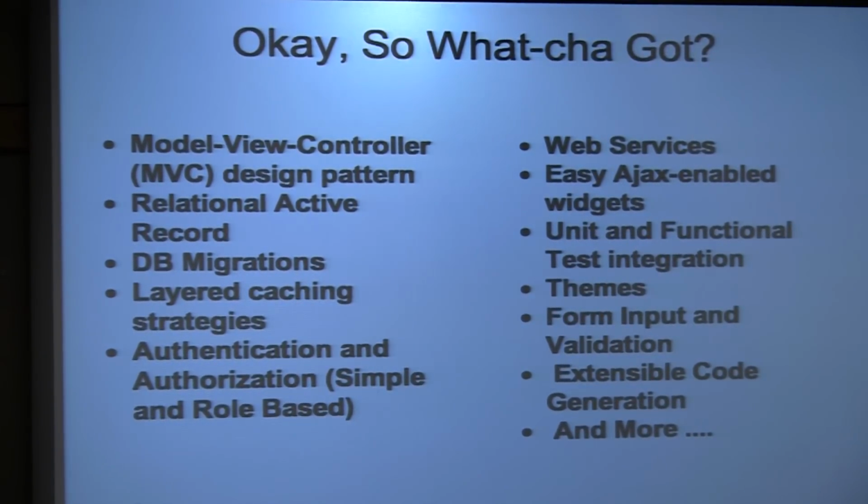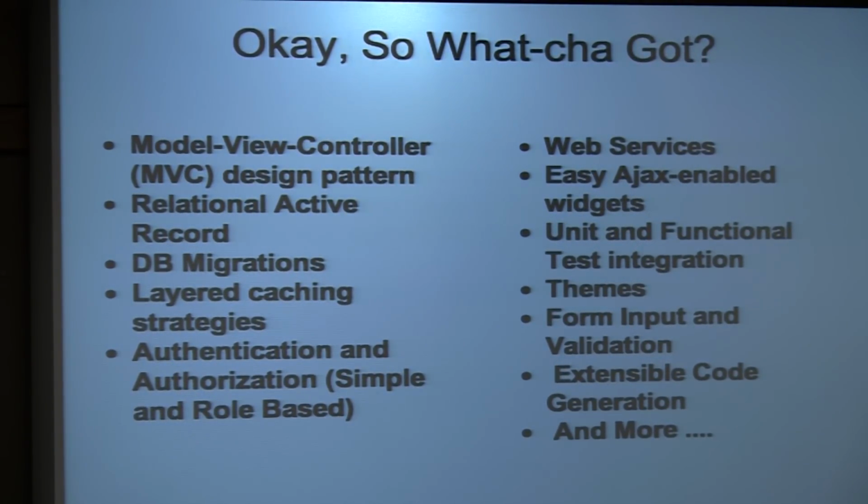And so what does it have? It's got a lot. It's constantly growing, with a team of people developing it. A model view controller design pattern, which was touched on the last slide. It does have a strong relational active record, ORM. It's got DB migrations to help you out with your DB changes, backwards and forwards timeline, and layered caching strategies.